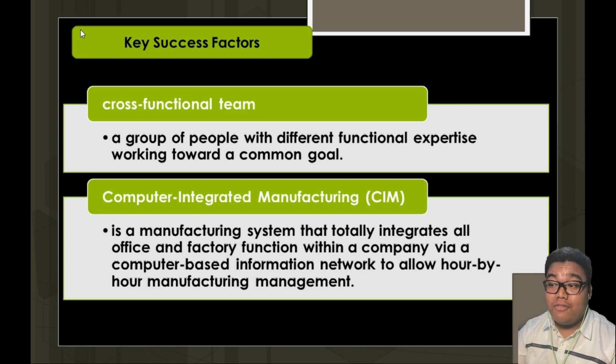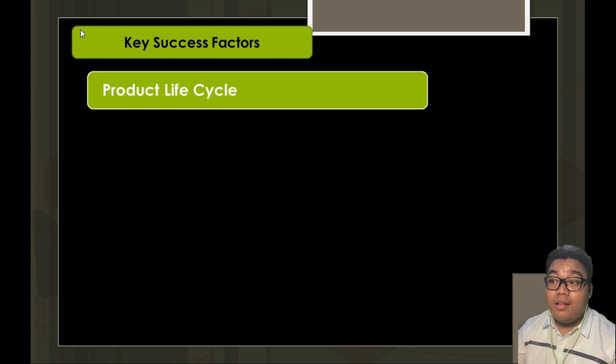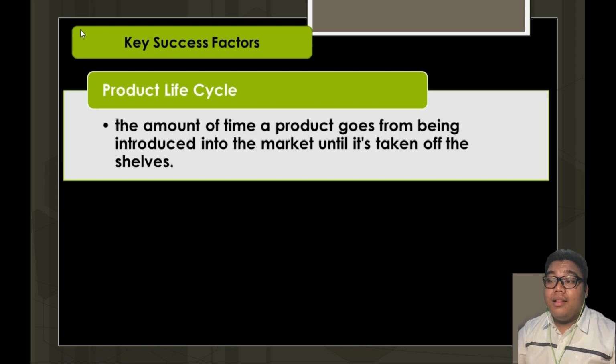Computer integrated manufacturing was already mentioned a while ago. So next would be product life cycle. Determining the product life cycle enables us to see how much time it takes for our product to be taken from production up to the shelf.